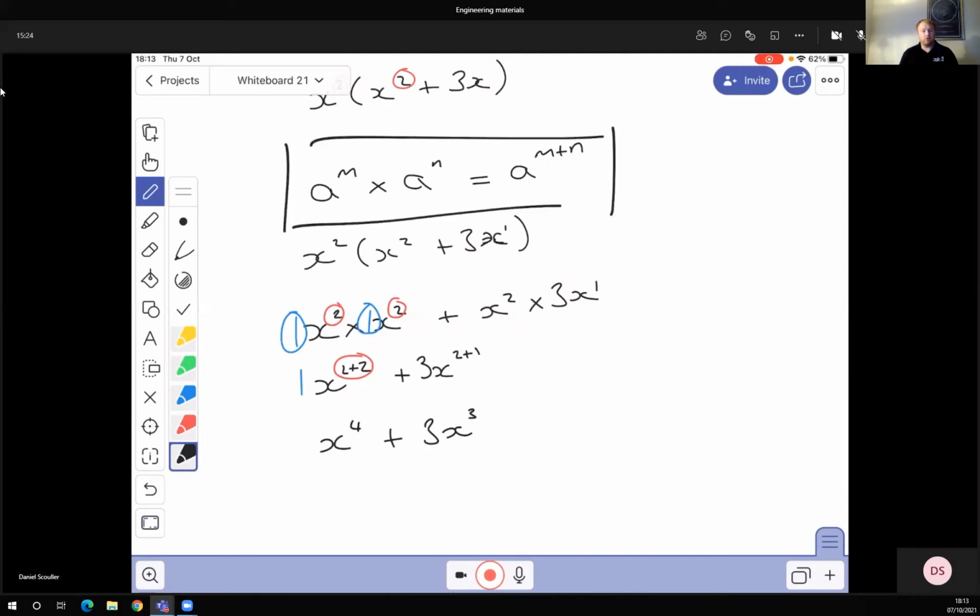In the dynamic notes pack, the one that I tend to use, that's the way they write it out, where A is just a constant in this case, M is one of the powers, N is the other, and then that's your rule. So that's indices. Because we're looking at indices so much, I thought I'd just run through that first.